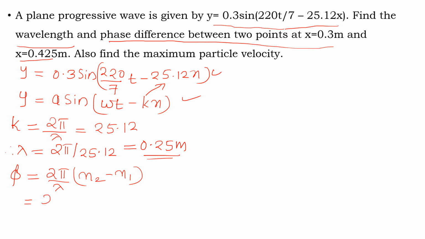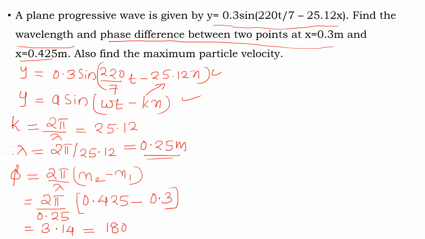Therefore, lambda already found, that is, lambda is 0.25. 2 pi by 0.25 into x2 is given as 0.425 minus x1 is 0.3. Therefore, the phi will be, solving this equation, we get 3.14. That is, the phase difference is pi, or 180 degree.